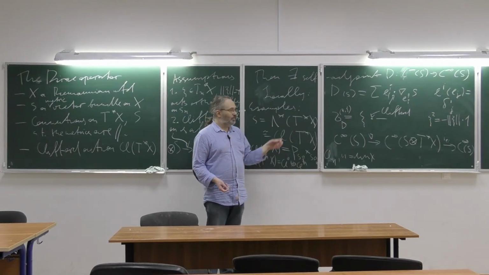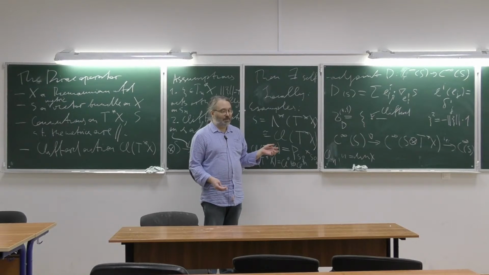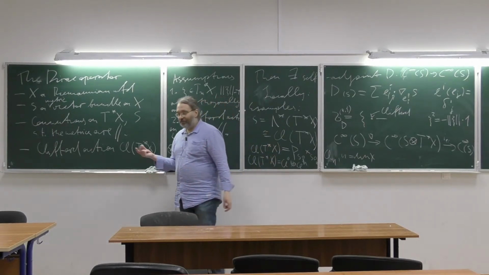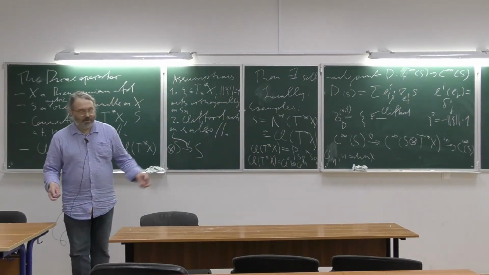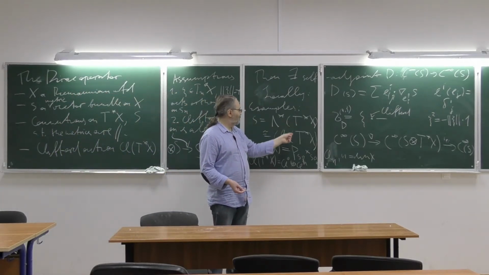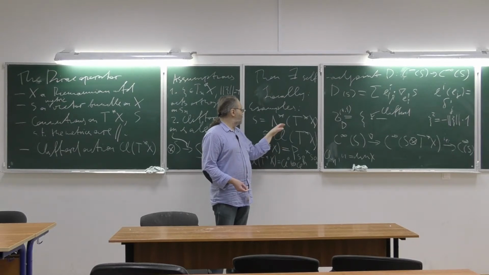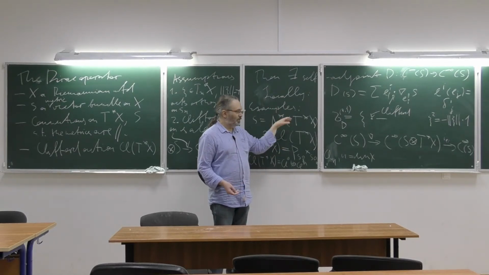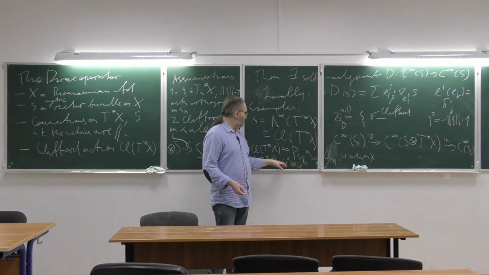Every differential form is a sum of homogeneous components, and we have the even part and the odd part.